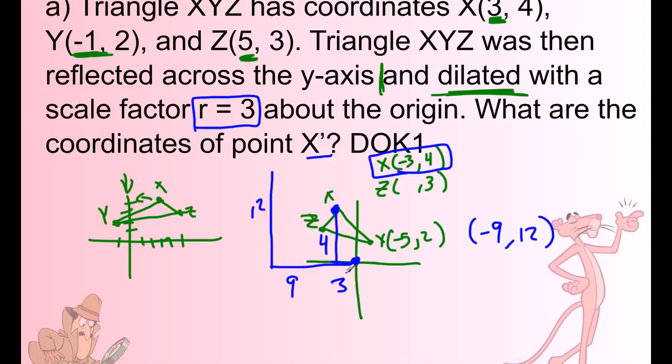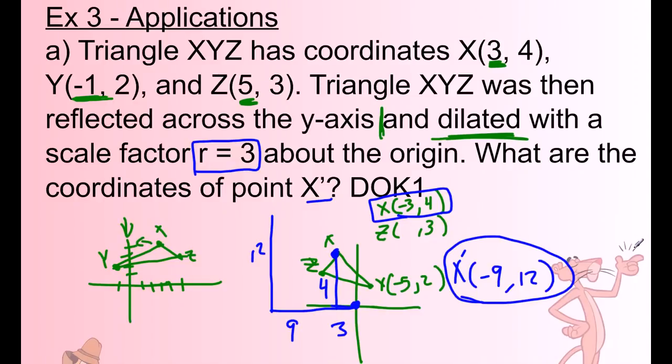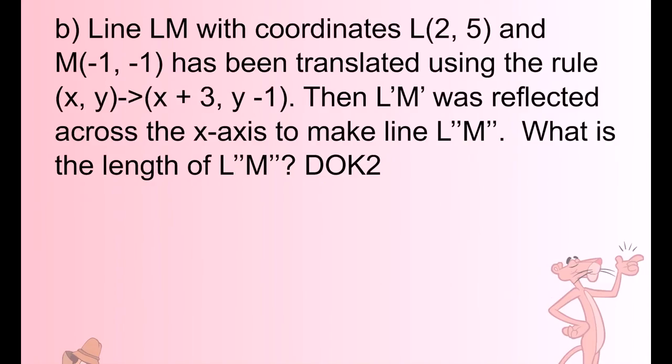So if I multiply everything by 3, I'd be going left 9, up 12, which would be the coordinate negative 9, comma 12. Letter B.